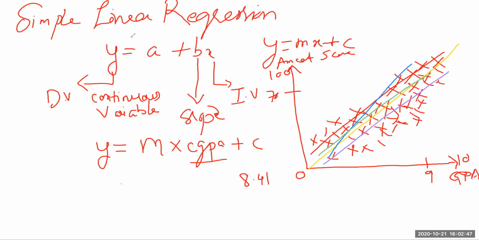So determining the best fit is the requirement for any regression model. How does the best fit really work, or how is the best fit determined? To determine the best fit, let's go to a small example.